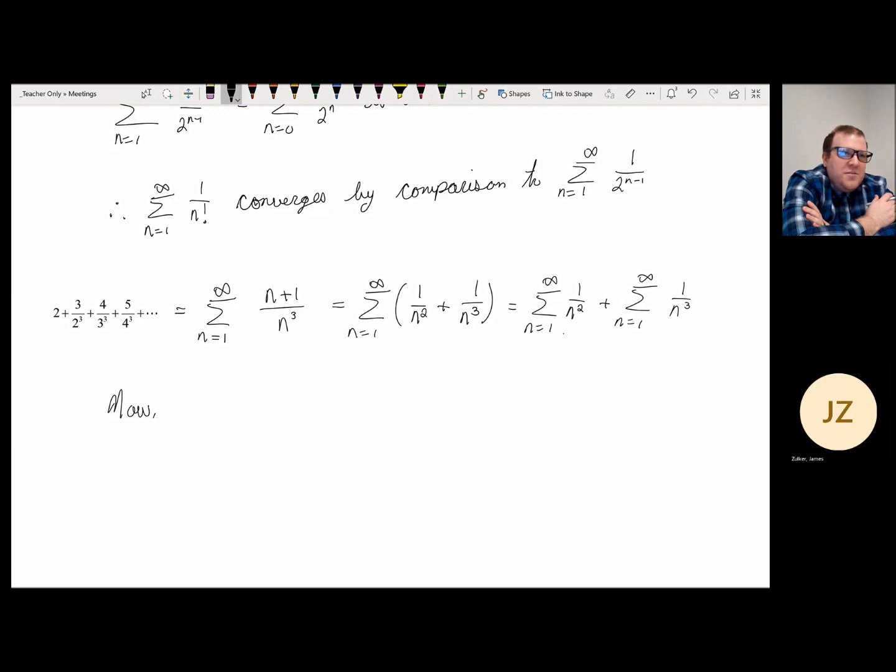Right. So why does that mean convergence? It's trying to use divergence test. And divergence test is the only one where you take the limit of the nth term. You're right, it does converge.